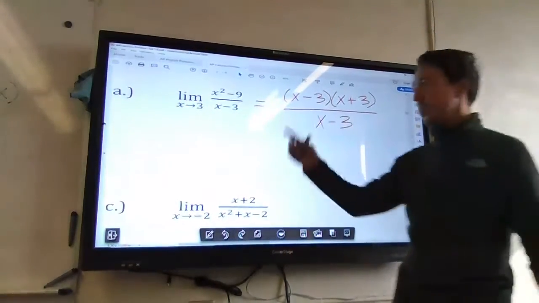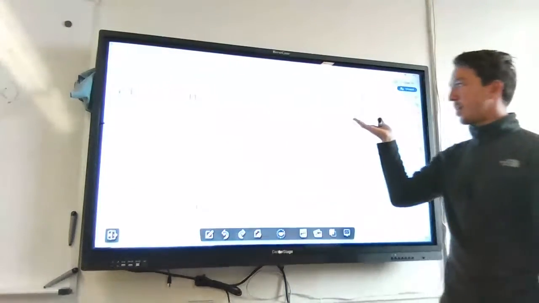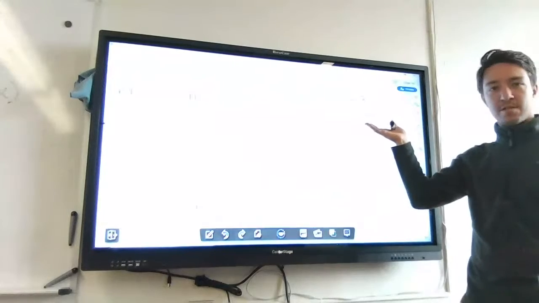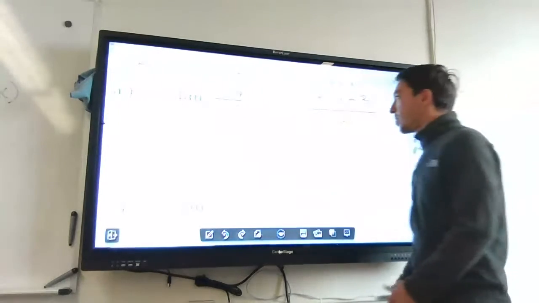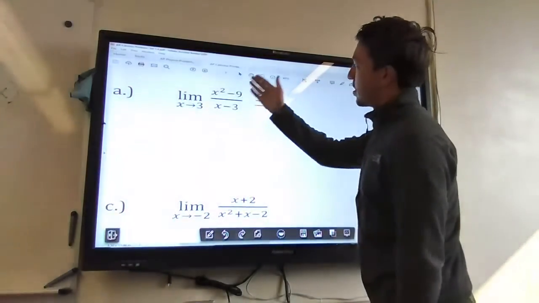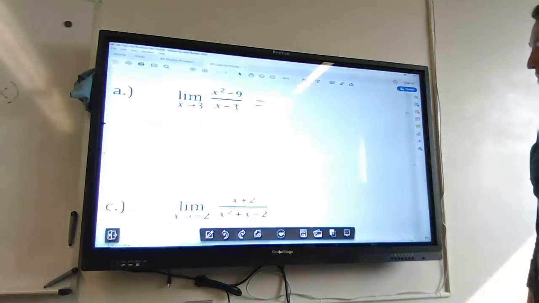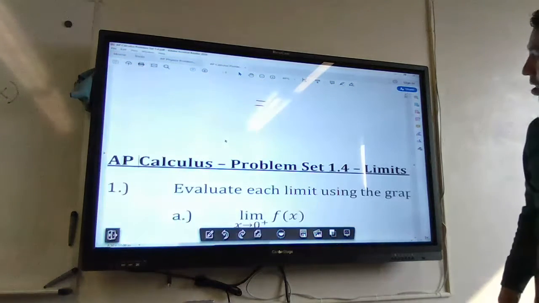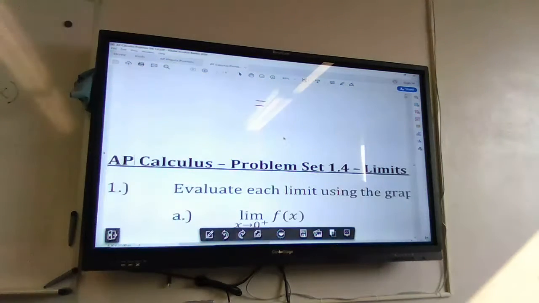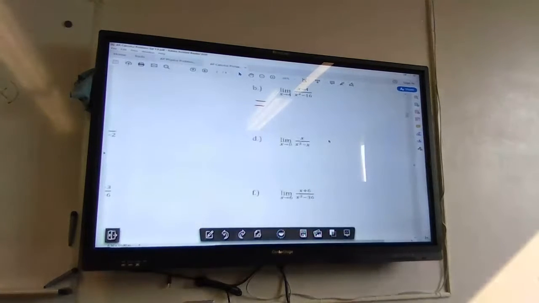Well, this is a limit. This is describing a limit, some number, right? This is like an expression. So those are not the same thing. So just to reiterate, you need to say the limit of this is equal to the limit of blah as you simplify, okay? Oops, what happened there? What happened? Okay, let's look at B.